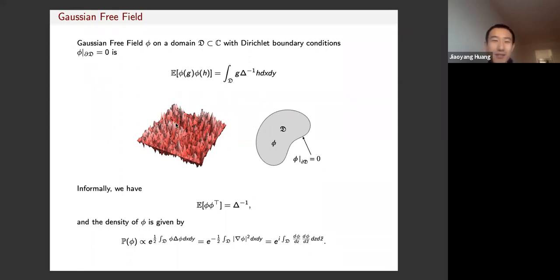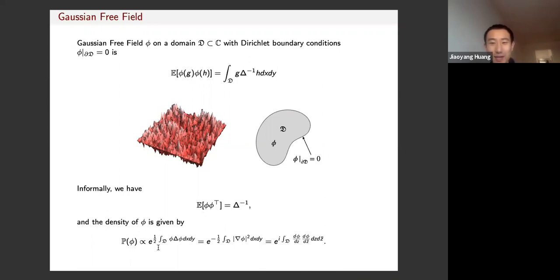So informally, although phi is not a function, if we think of it as just a Gaussian vector, like a discrete Gaussian free field, then its covariance is given by the inverse of the Laplacian. So if we write down the density of this vector, we will have the density of the Gaussian free field just given by the density of a Gaussian.